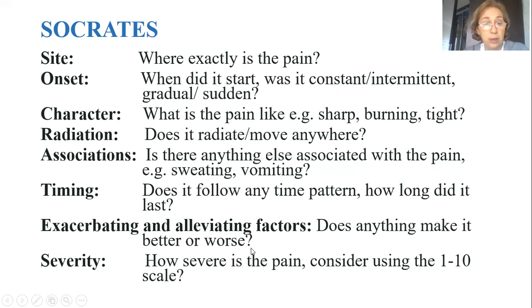And exacerbating and alleviating factors, you were right: does anything make it better or worse? And about severity: how severe is the pain? Consider using the 1 to 10 scale. This is a good idea, to suggest that the patient describe the pain according to the scale.